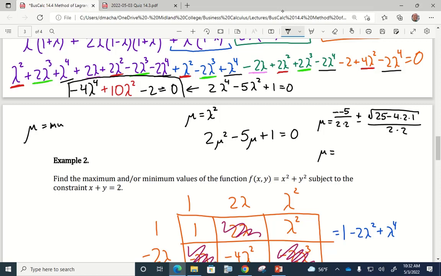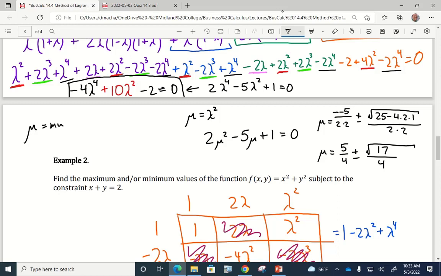So the quadratic formula tells me that this is going to be 5/4 plus or minus the square root of 25 minus 8, which is 18, divided by 4. So 18 is the same thing as 3 square root 2. Oh, it is 17? Thank you for catching that. Very important. 25 minus 8 is 17.